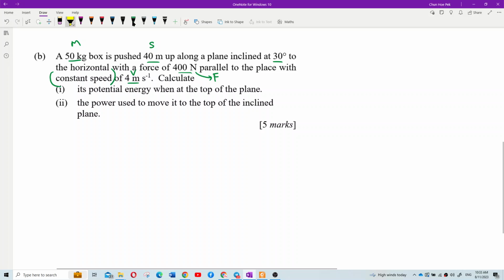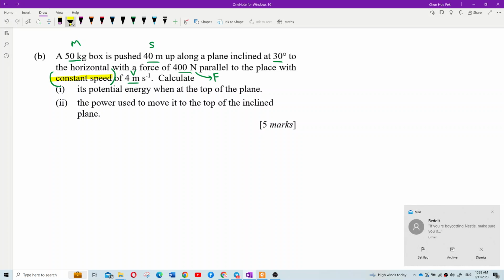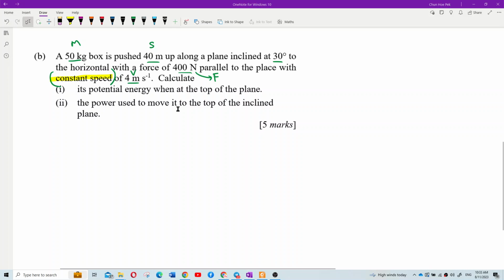The words constant speed. Power, potential energy at the top. What are all these? Potential energy at the top. So how? 30, 40.